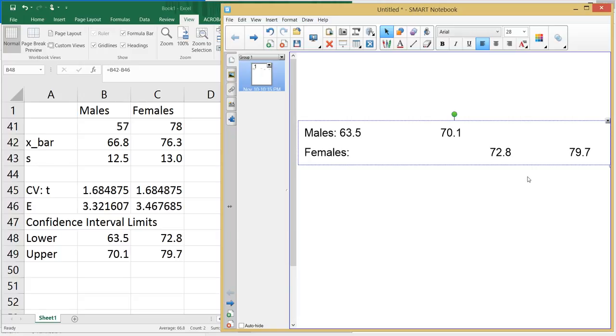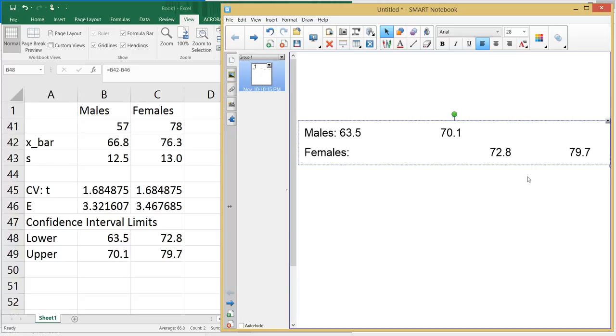Because if there's overlap, then some of their pulse rate averages are shared. Or I should say, the average estimate net is containing some of the same values in each interval for the males and the females. So then you could say there's not a significant difference because there's overlap and they have some of the same values inside their estimates.